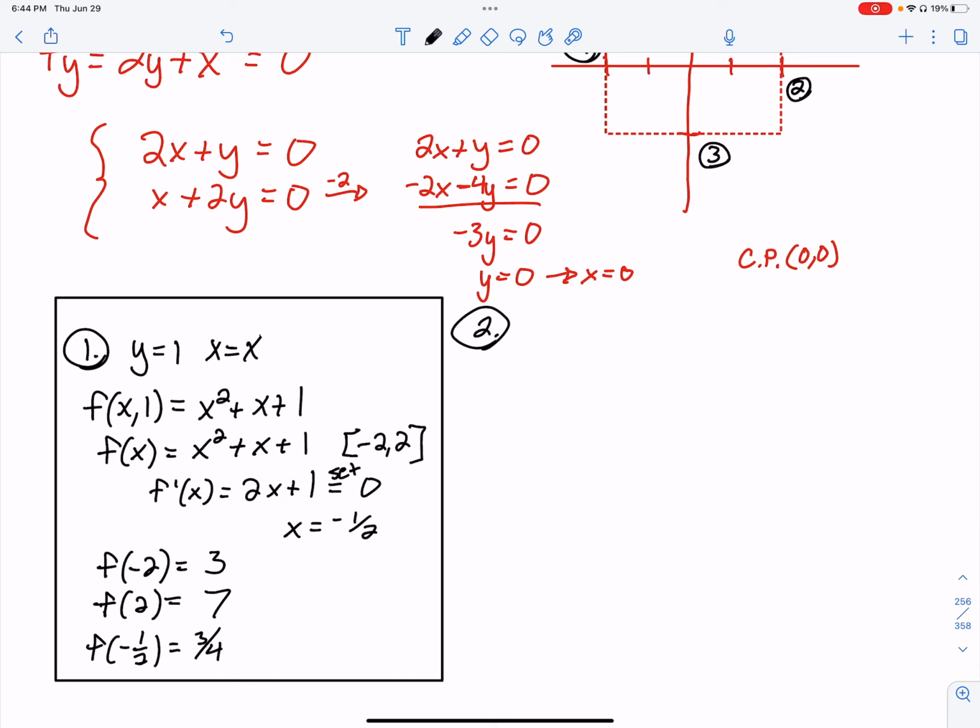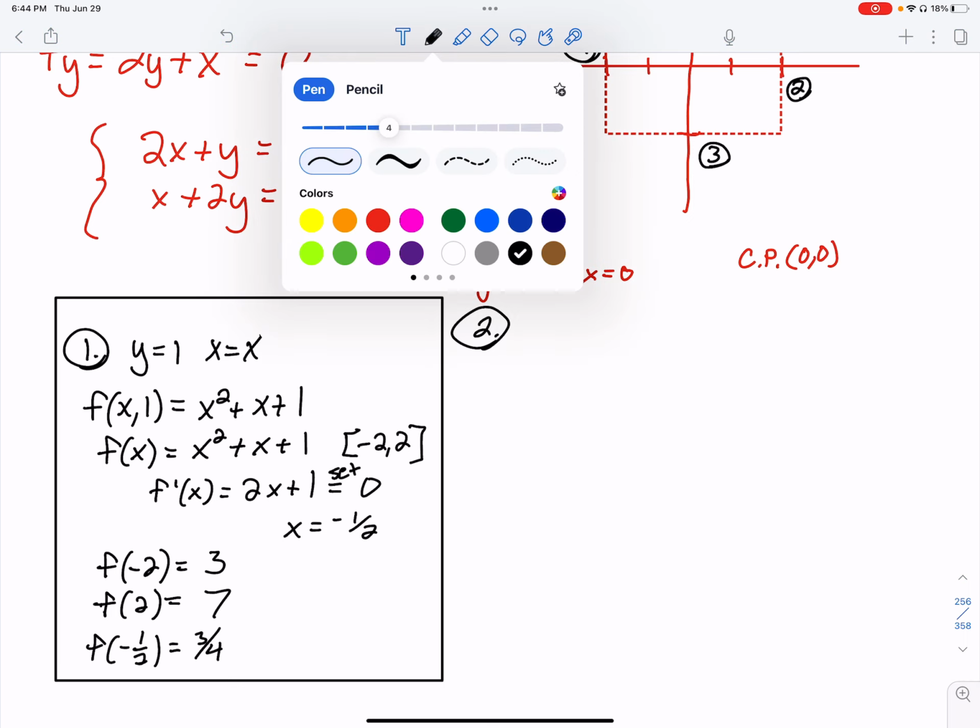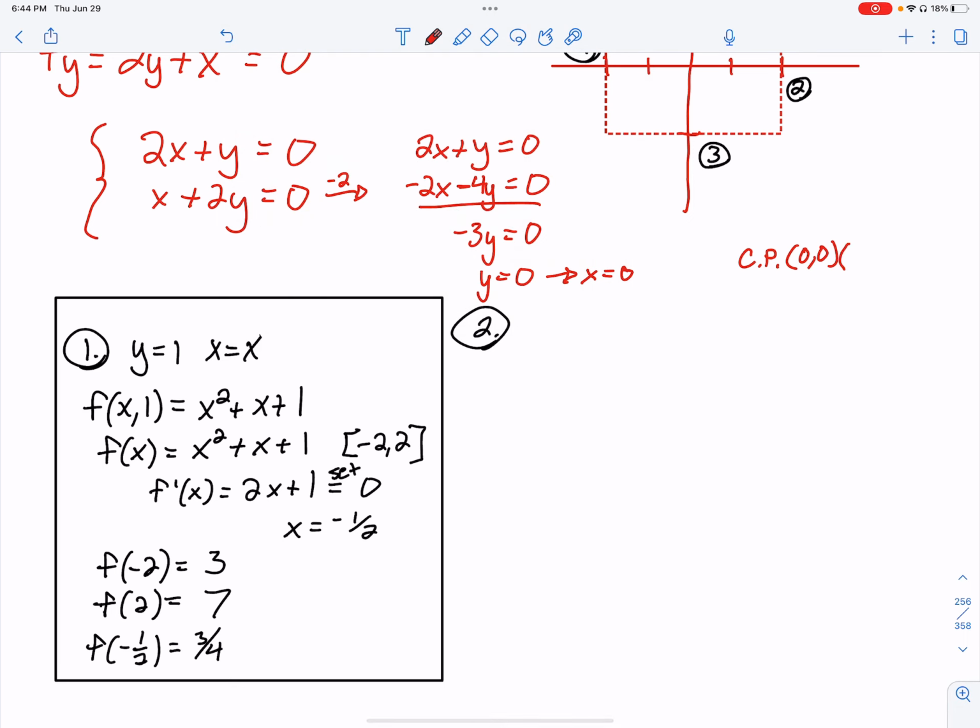So those critical points would be, let's go over here and add to our list. It's going to be (-2, 3), or (-2, 1). Sorry, because y is 1. The outputs are what we got there, 3, 7, and 3/4, for (-1/2, 1). There we go. So that's from that one.